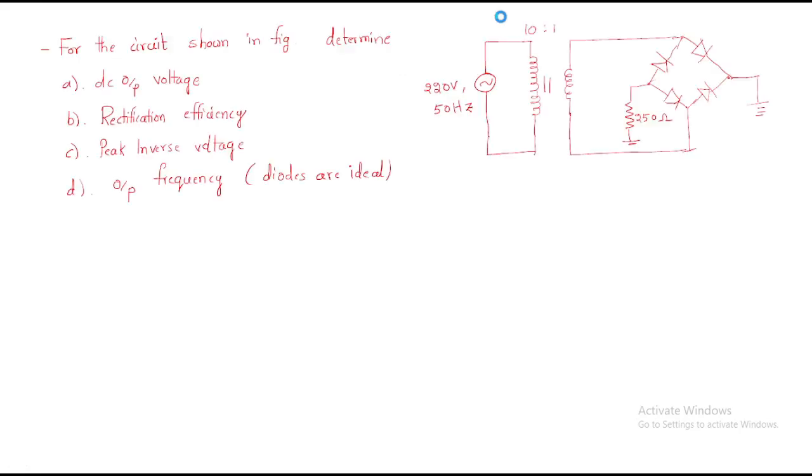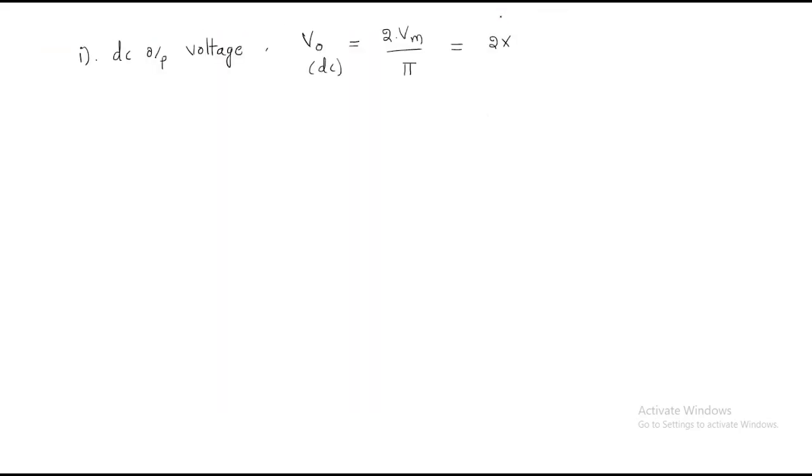What is Vm here? Vm is 31.11. Pi we need to find. By doing the simplification we will get V0 DC, the average value, equal to 19.81 volts.